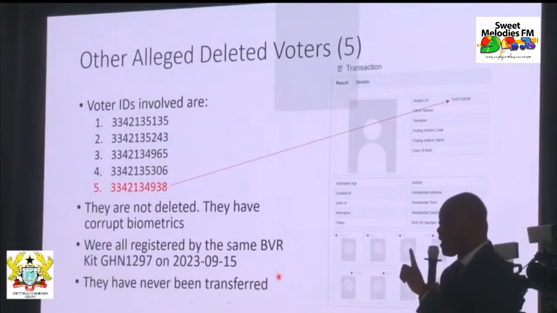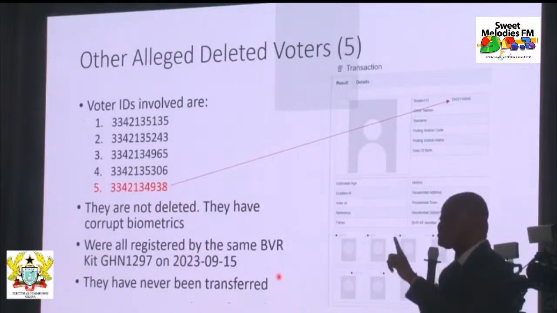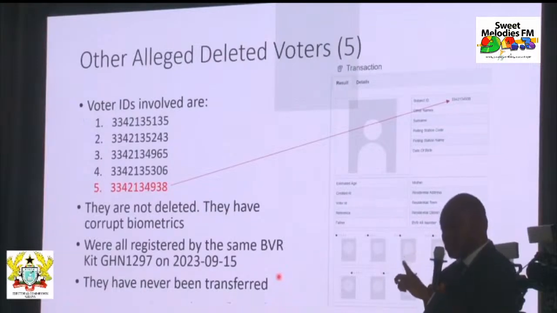Because in order for you to be transferred, you have to be a valid voter. If you are not a valid voter, remember the processes that I described to you. You have to go to the police, to your registration center, be verified biometrically before the transfer can occur. If you don't do that, the transfer doesn't occur.